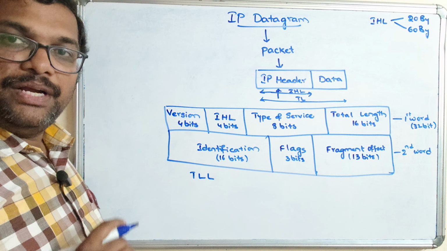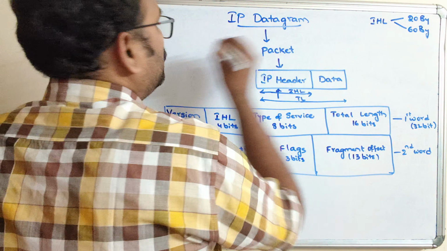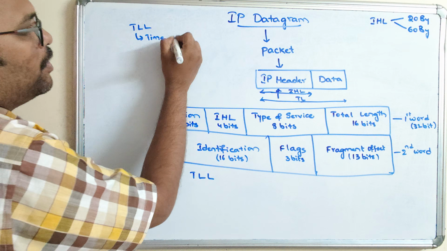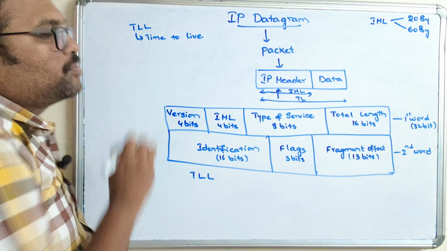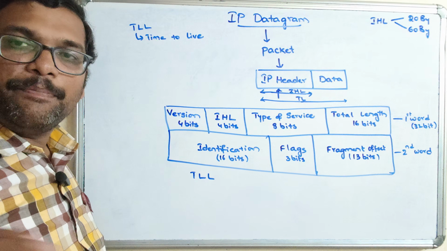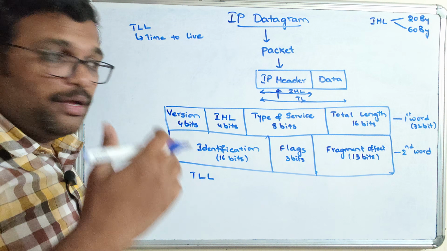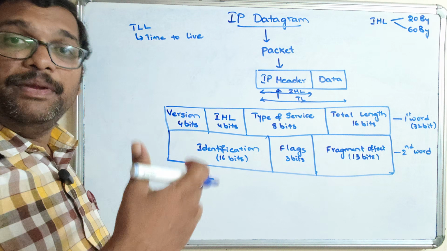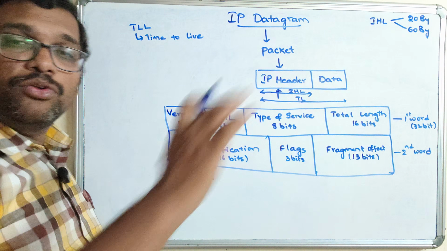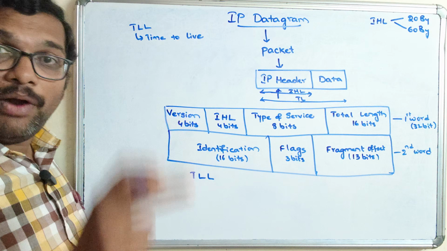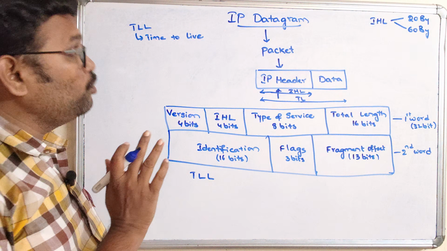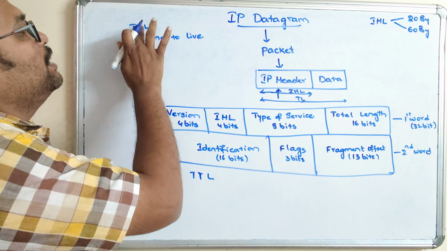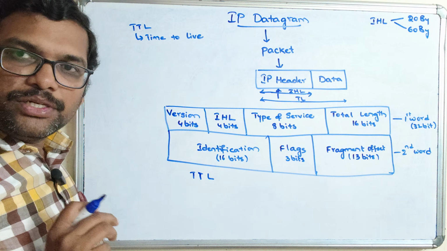And the next one, the first field in the next word is TTL, which means time to live. As we have discussed in our earlier session, the packets will be transmitted from one router to all its neighboring routers. So how long will the packet be transmitted to the neighboring routers? In order to avoid looping, this time to live will be used.